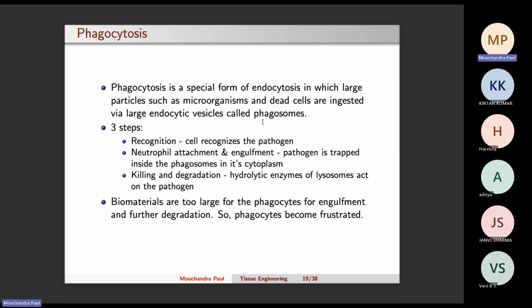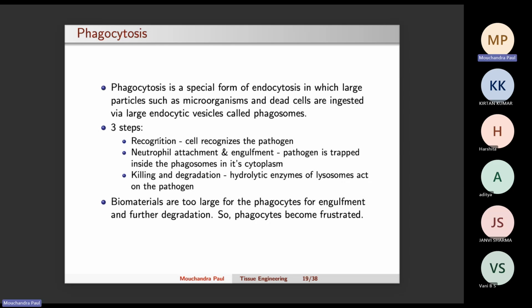And in endocytosis, an endosome is formed. Here, the engulfed particle and the outer covering around it, that entire structure, is now called a phagosome. So that is the difference between normal endocytosis and phagocytosis. In phagocytosis, entire organisms, entire cells basically, are engulfed.